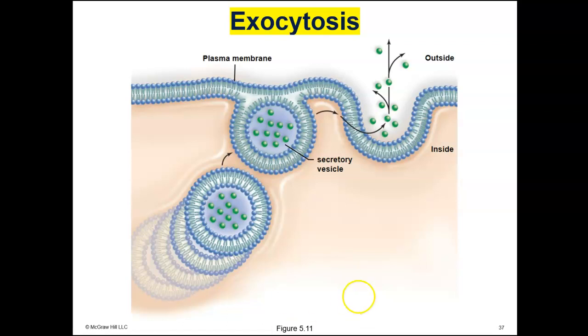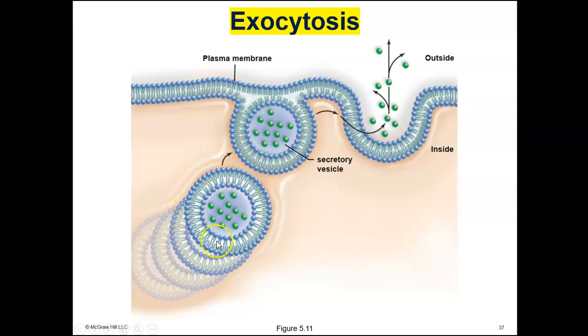So this is an image of exocytosis, and if you do your Chapter 5 homework, which I hope all of you do, there's a good video on endo and exocytosis and then some questions that go with it. It's a good video tutorial because the process is harder to show in a picture than in a video where you can see it flow.